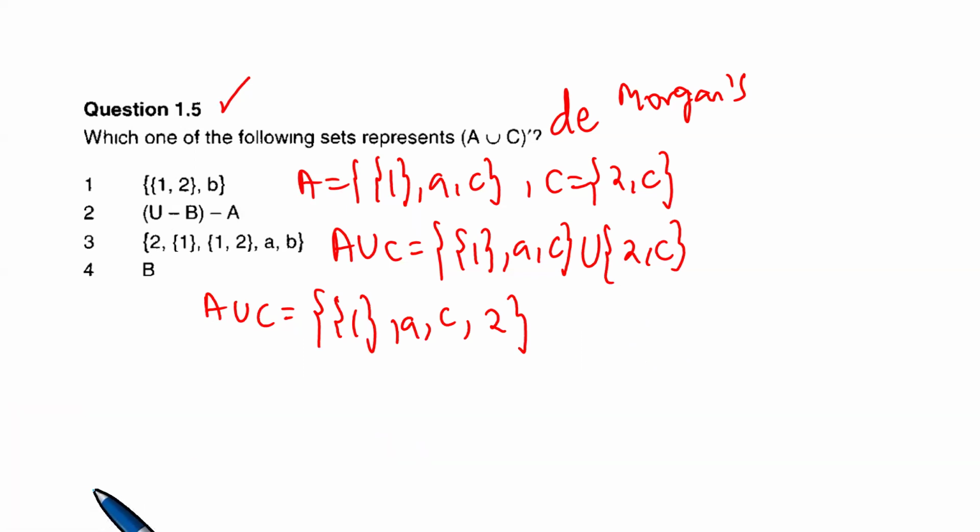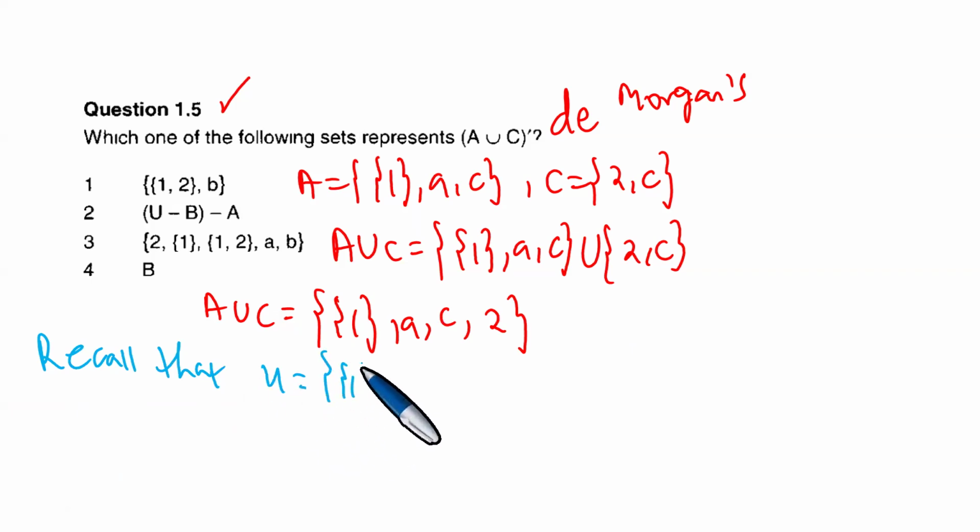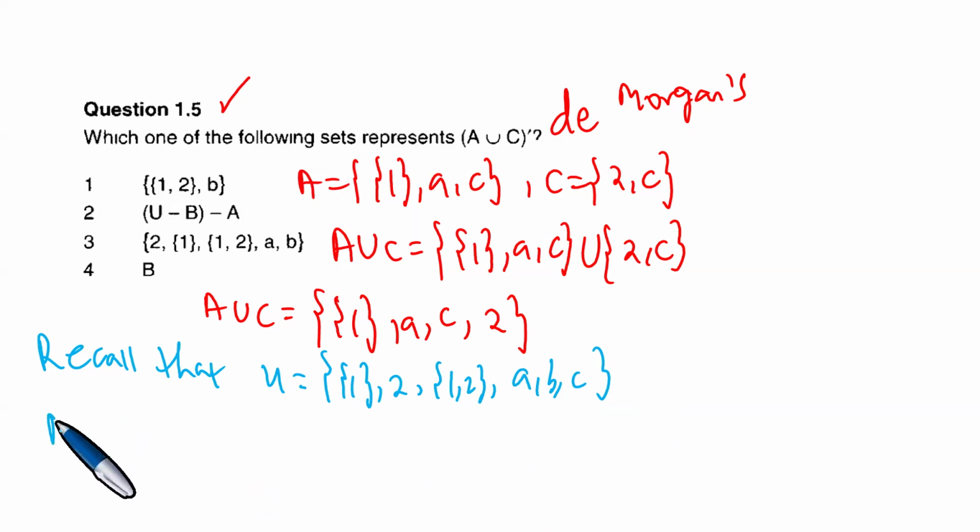Recall that the universal set U contains 1, 2, and A, B, and C. Now, if we are interested in finding (A union C) complement, it would mean that from the universal set, you just get rid of the elements of A union C.